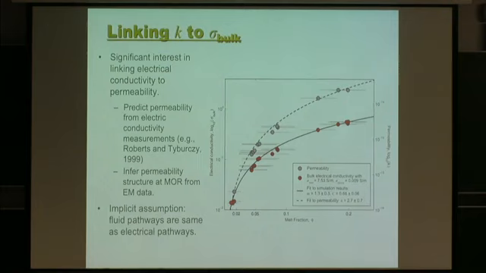So you need to try to satisfy, as much as possible, the implicit assumption that the flow path is more or less the same as the electroconductivity current path. Otherwise, inferring one from the other is going to give you a very large error.